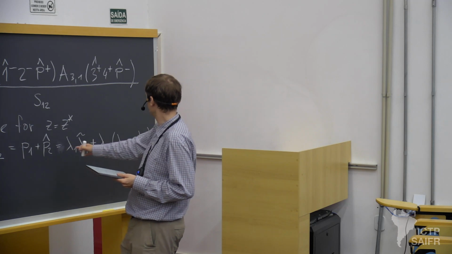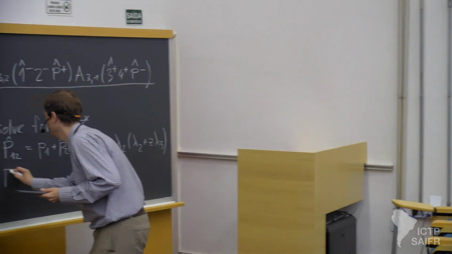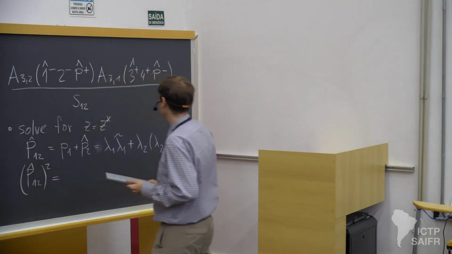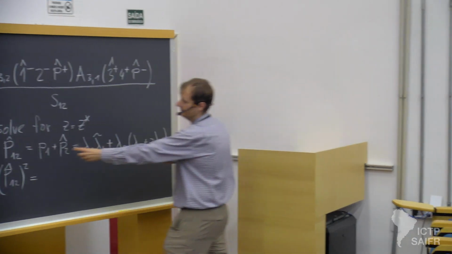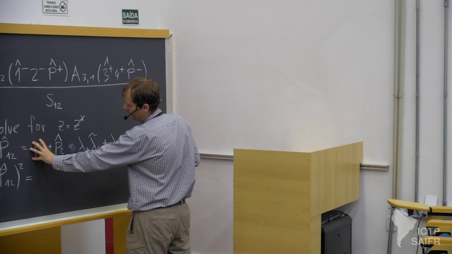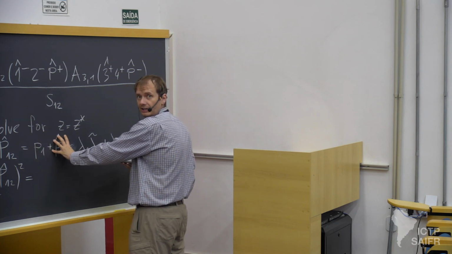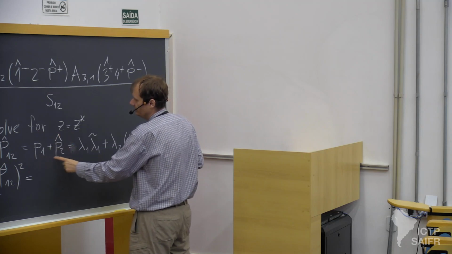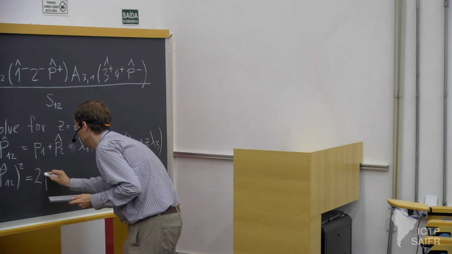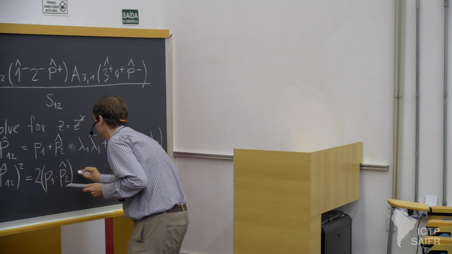We have to choose the z such that this whole thing is on shell, so it squares to 0. This is P1 squared, that is 0, plus P2 hat squared, which is still 0 because the hatted thing is still on shell. So it's just a scalar product of these two, with some factor of 2, but that is irrelevant because we are sending it to 0.